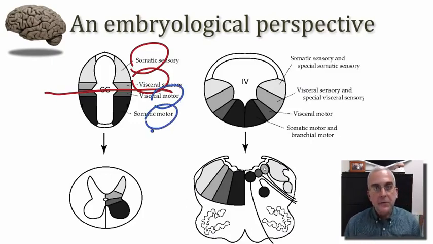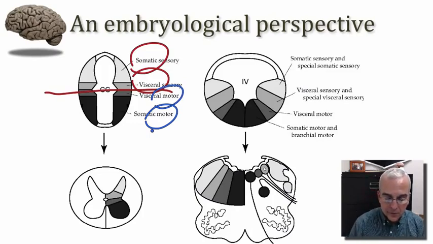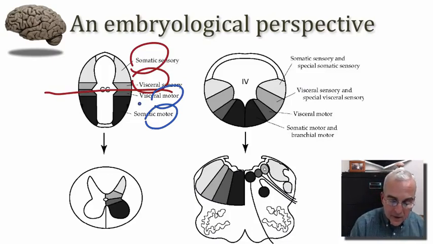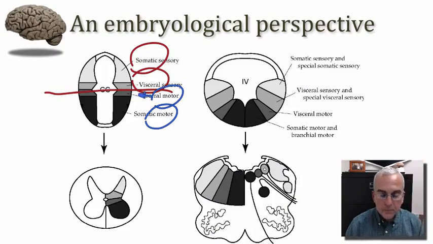And again, there's a systematic organization where the motor neurons that innervate the tissues derived from somites, that is our striated skeletal muscles, they are innervated by cells that sit in the more ventral part of this developing neural tube, whereas the motor neurons that are going to supply motor signals to those ganglia that innervate the visceral organs, they come from this more intermediate region right in here.